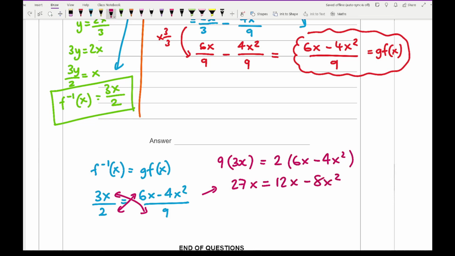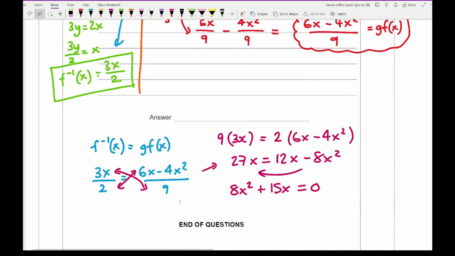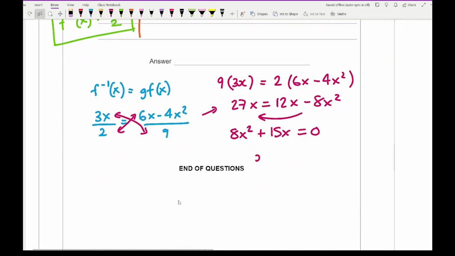So then it becomes a quadratic equation. So let's take all of this over to this side. So we end up with 8x squared plus 15x equals 0. I then need to factorise this, so I could take an x out. So I've got x(8x plus 15) equals 0.